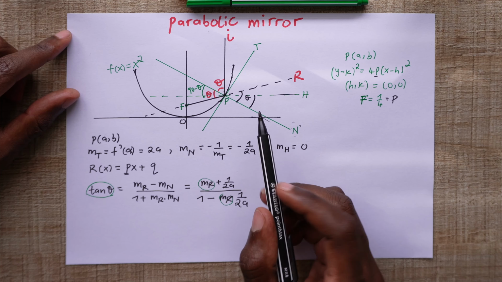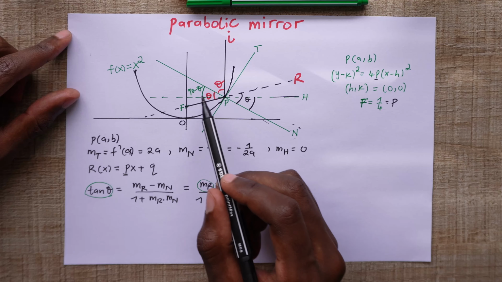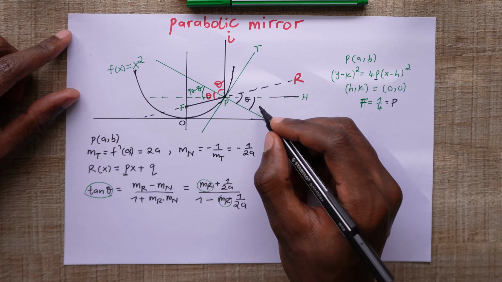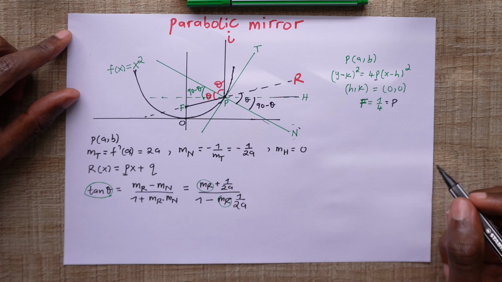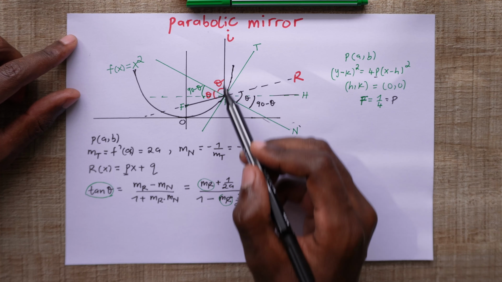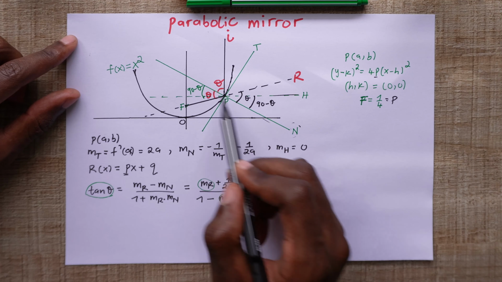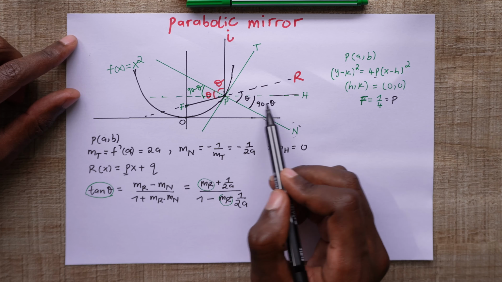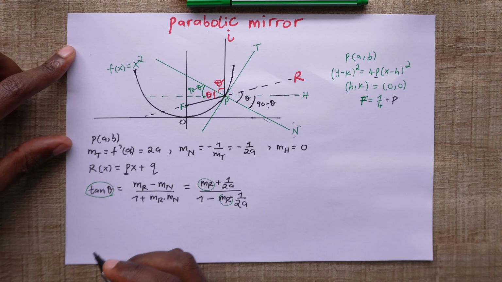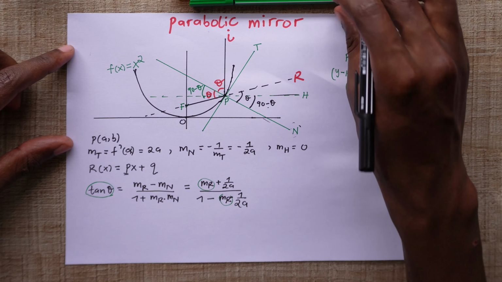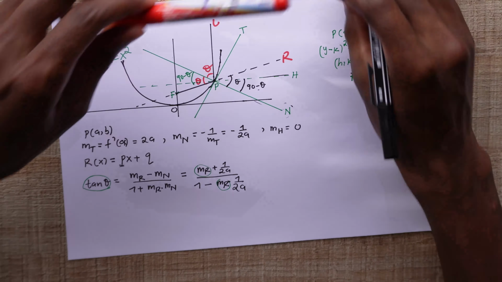And you can clearly notice that this angle is going to be equal to 90 minus theta, because if this one is theta, this is a right angle, so this one is 90 minus theta. And since these two angles are opposite, this one is also 90 minus theta. So we can also write that. Let's call this point.